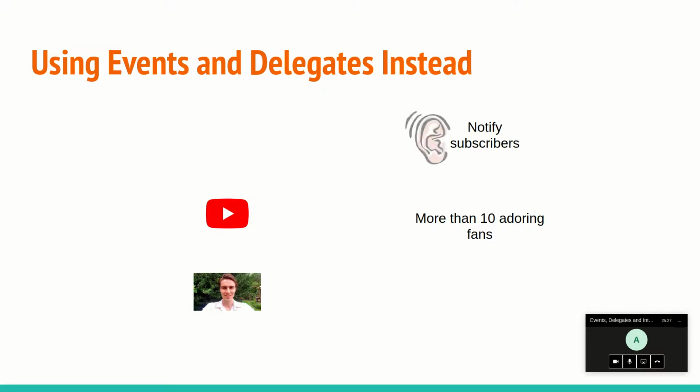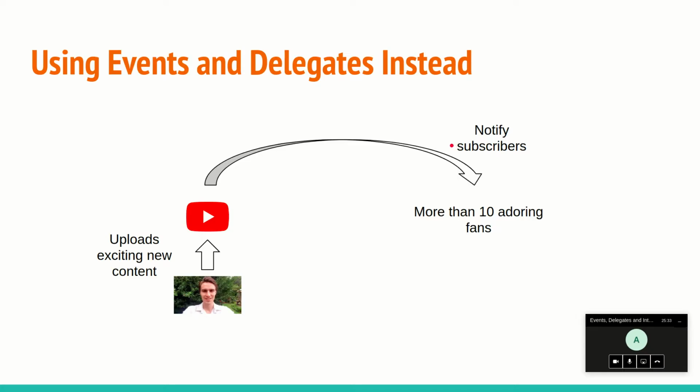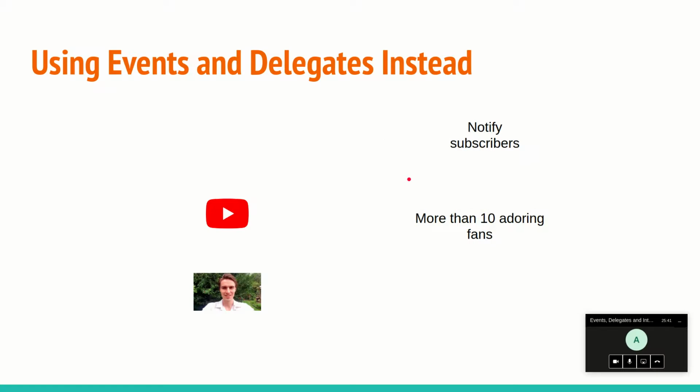The basic idea of what we do here is, instead of notifying subscribers directly, we give this idea that notify subscribers has like an ear, all right? It's listening for something.